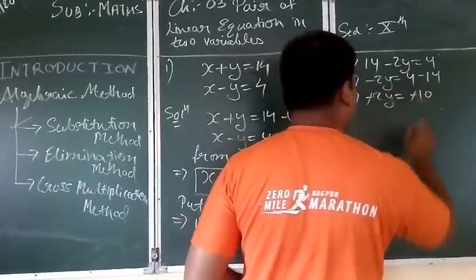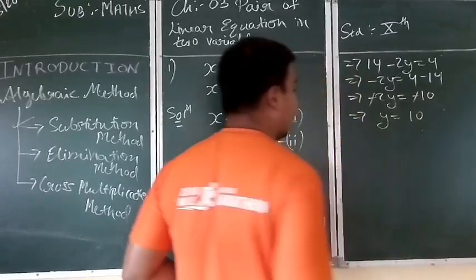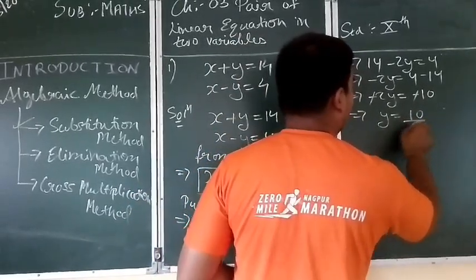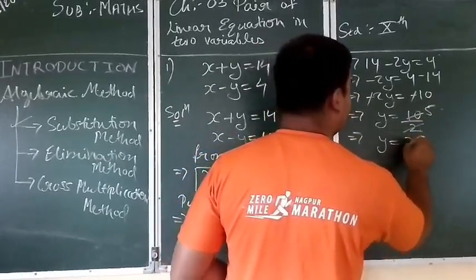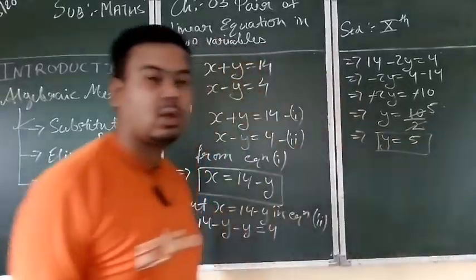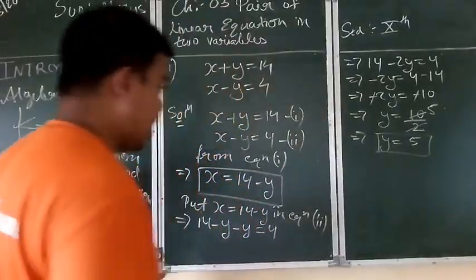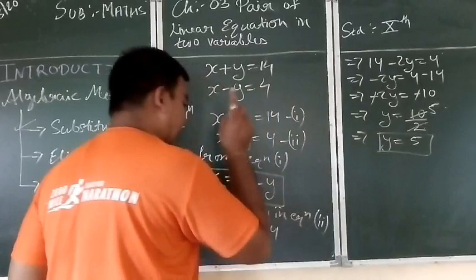So minus signs cancel. So y is equal to 10 divided by 2. Two fives are ten. So our y value is 5. Now we find the value of x.